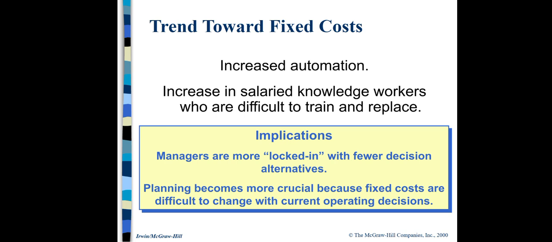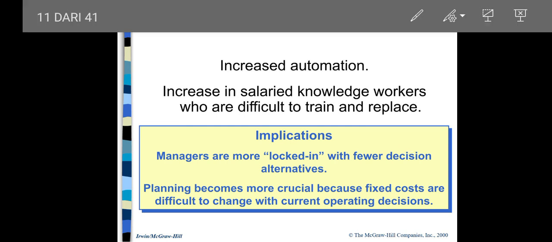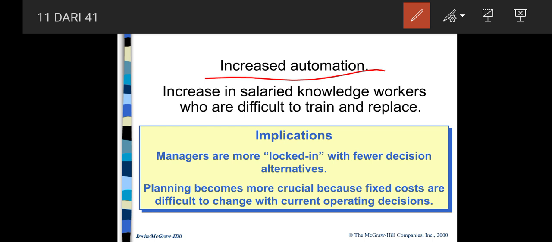The knowledge workers tend to be more salaried, highly trained, and difficult to replace. So the cost to compensate these valued employees is relatively fixed rather than variable. Jadi kecenderungan saat ini perusahaan banyak menggunakan teknologi untuk bertahan dari persaingan dan meningkatkan penjualan. Adanya pemanfaatan teknologi itu dapat meningkatkan otomatisasi. Increase automation.